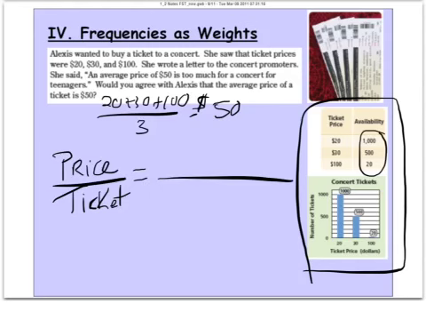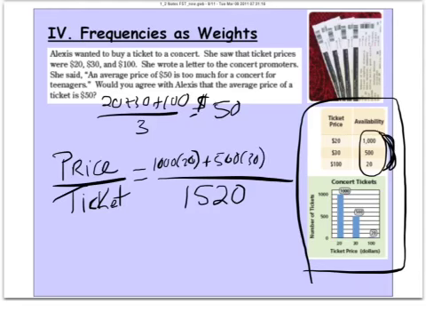Well, how many total tickets are there? In here, there's 1,520 tickets. How much money, what was the price or the money that they collected for all these tickets? Well, we had 1,000 tickets at $20 a pop. We had 500 tickets at $30 a pop. And then we had 20 tickets at $100 a pop.